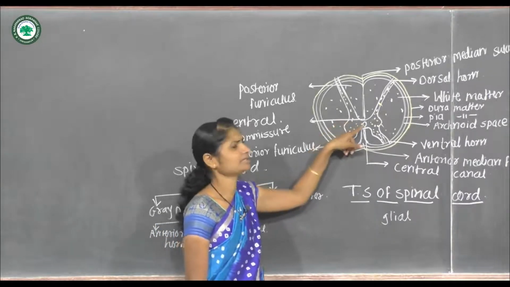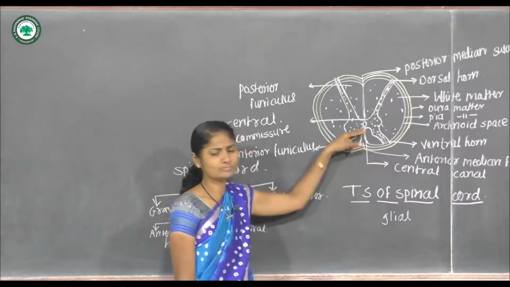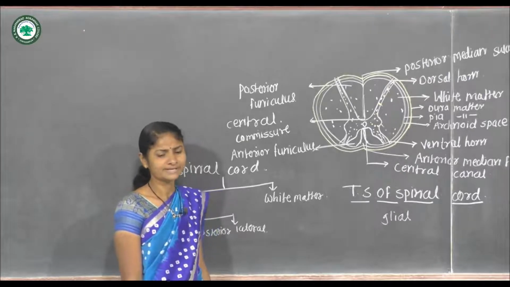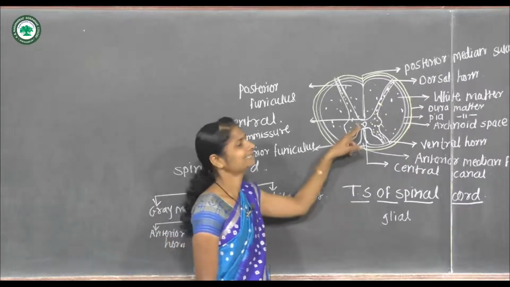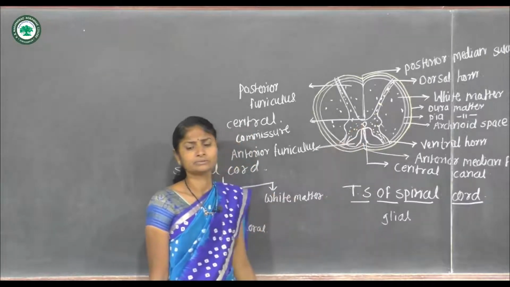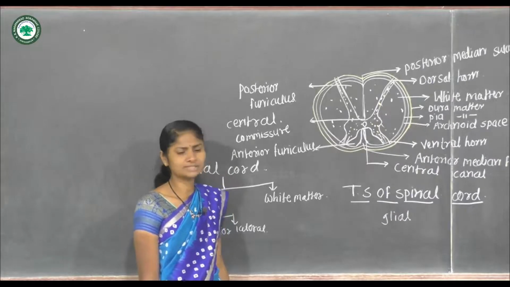In the gray matter, the central canal is present. This central canal is a small rounded structure in the center of the spinal cord that contains cerebrospinal fluid, and this fluid functions as a shock absorber.